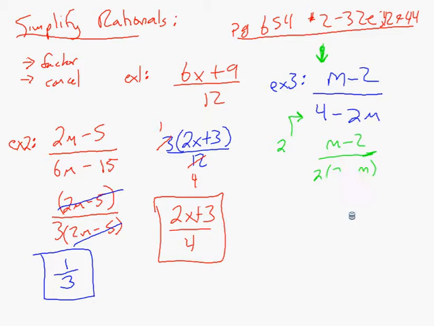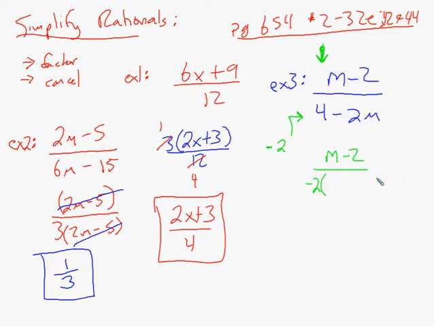So what I should have done is, I want the highest coefficient of my variable to be positive. So I want this to be a positive m. So instead of factoring out a 2, I'll factor out a negative 2. So my m minus 2 stays the same there.